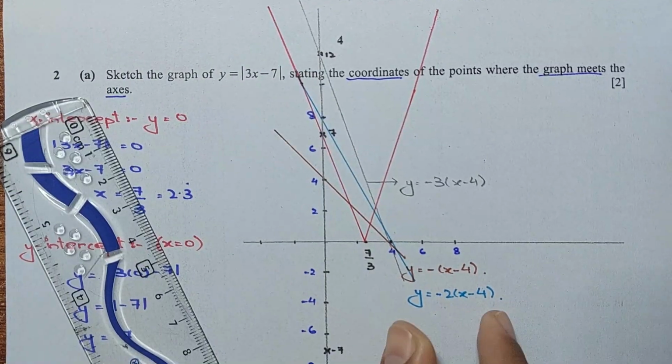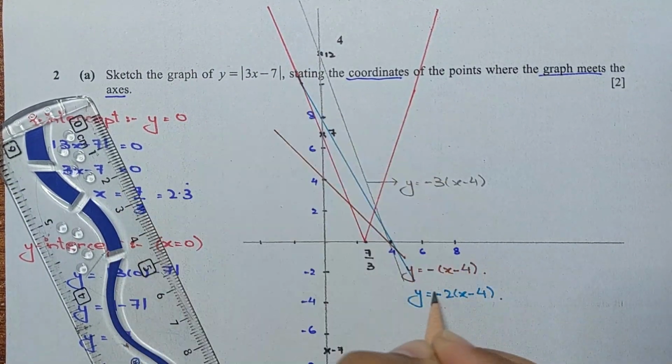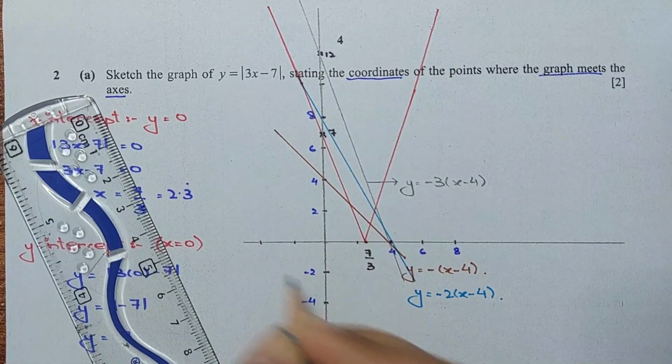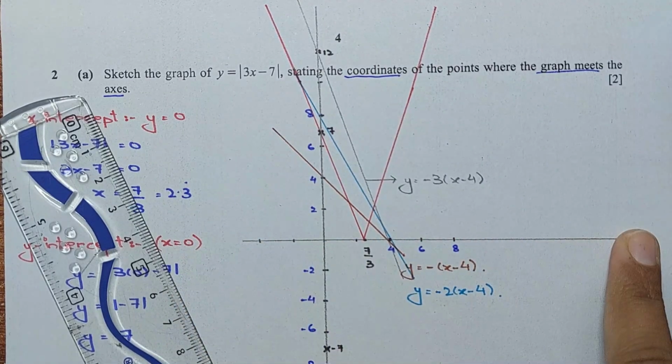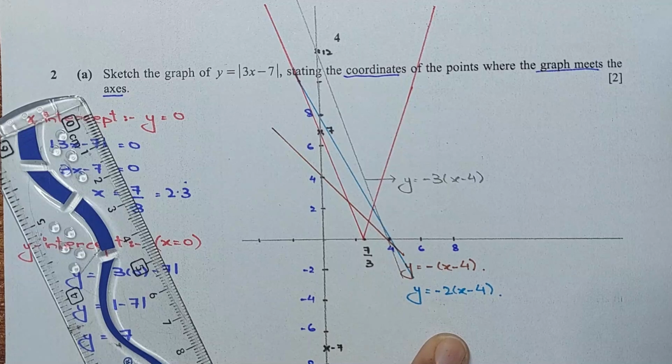When you put k value negative 2, it has 2 points of intersection. And when you put k value negative 1, again it has 2 points of intersection. And when k value is 0, there is only one point of intersection. Yes. Okay, so it is proved that when k is 0, it is one point of intersection. K value negative 3, it has one point of intersection.